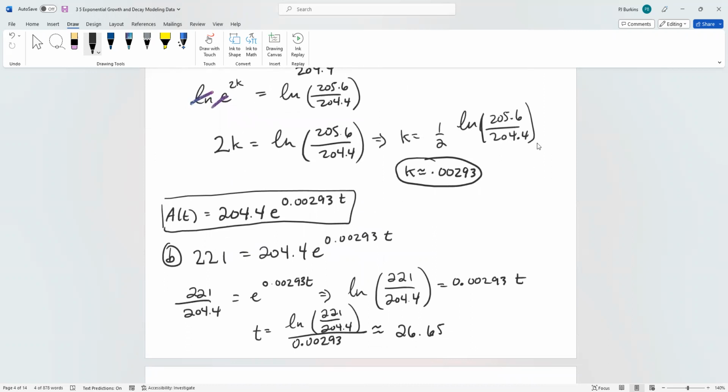So we need to add, right? So we can just go ahead and I would say round this to the nearest whole number first. Right, that's about 27. And we need to add 2003 to that because that was the year that we started with. So it looks like it'd be 2030 when the population is 221 million.